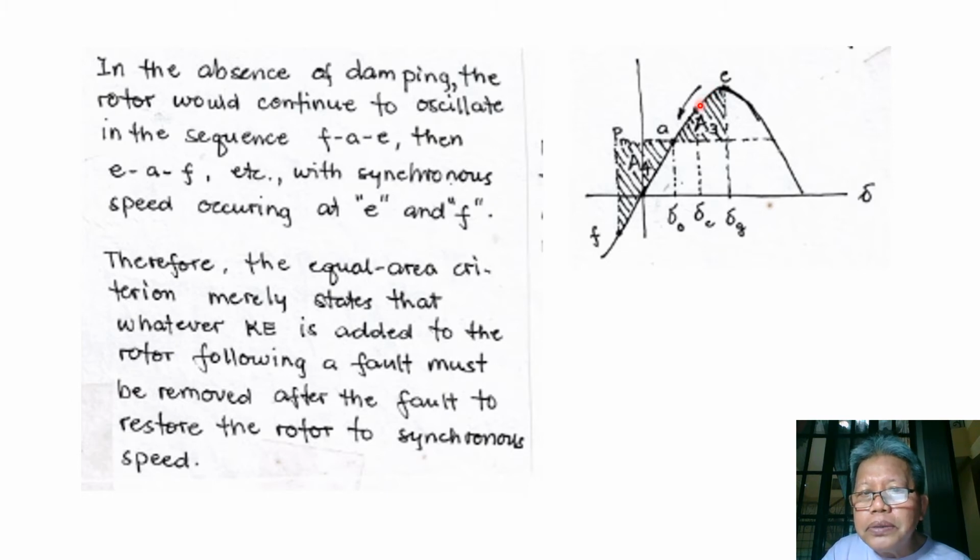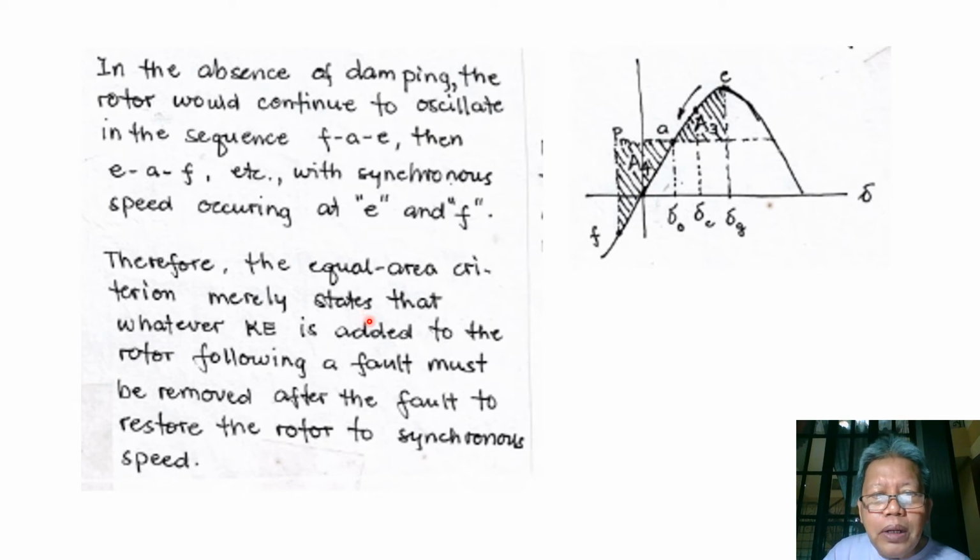And then it goes down again, passing through A, and it will not reach F anymore because of the damping effect. Now, when it rises again, it will not reach the previous point, but somewhere here. And then it goes down again, again, again, until it goes back to point A. So it's that movement.